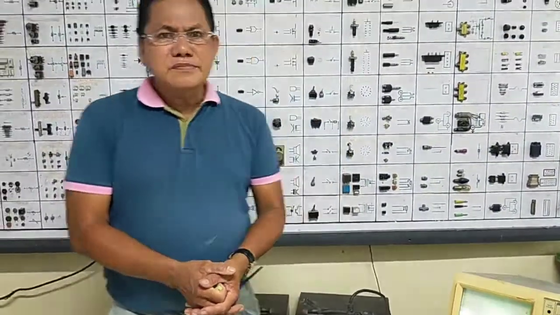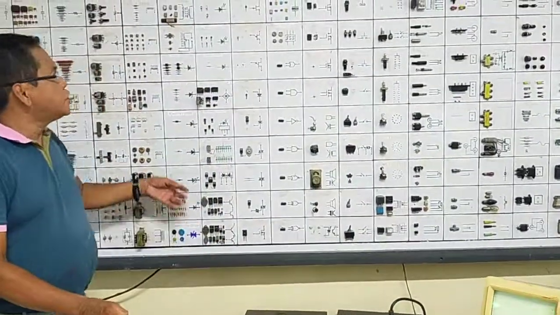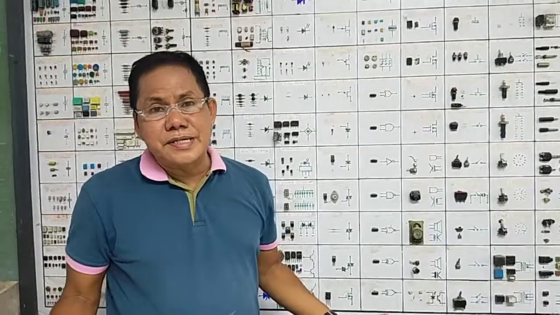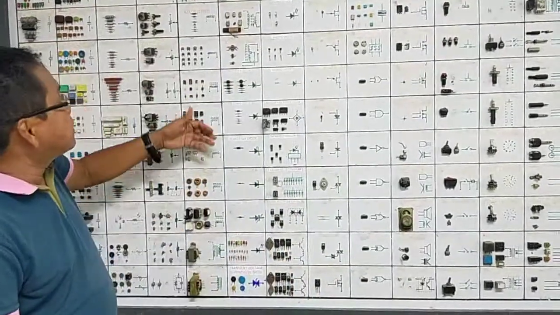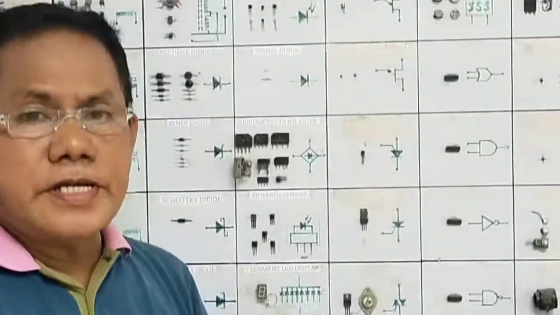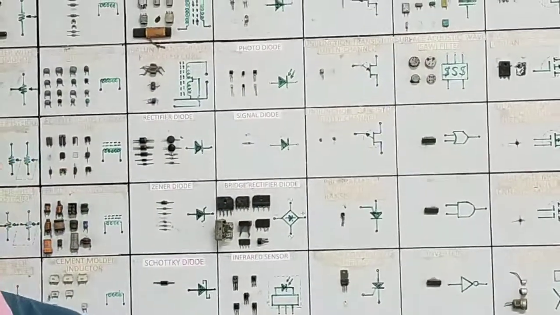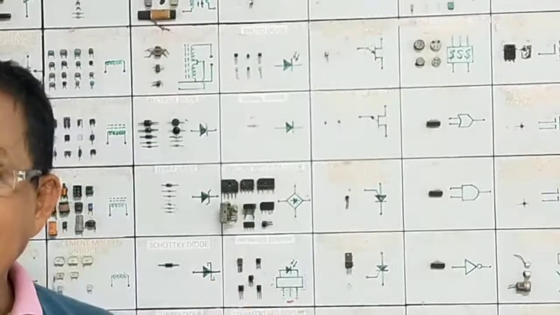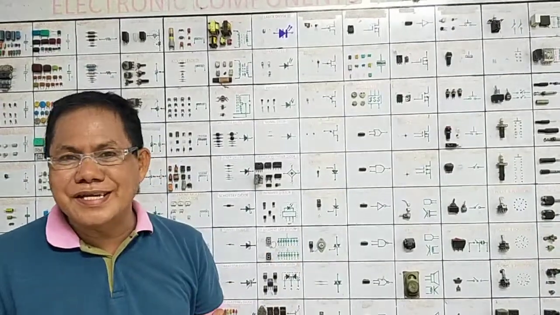And now let us come to the different operations of the diodes in electronic circuitry. Let us first have this rectifier diode. Rectifier diode is named rectifier because it is used for converting AC voltages into DC.